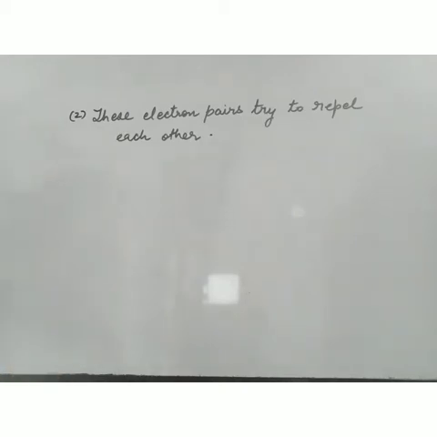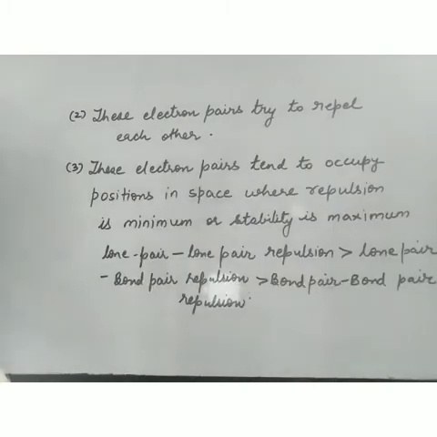So these electron pairs will try to move apart and will tend to occupy those positions in space where the repulsion is minimum, or we can say the stability is maximum. Also, the magnitude of repulsion is different for different types of pairs. For example, lone pair-lone pair repulsion is highest, then lone pair-bond pair repulsion, and lastly bond pair-bond pair repulsion.